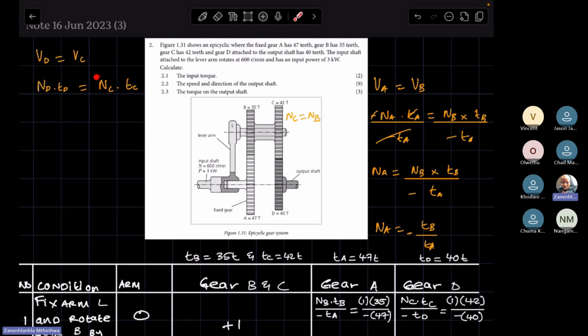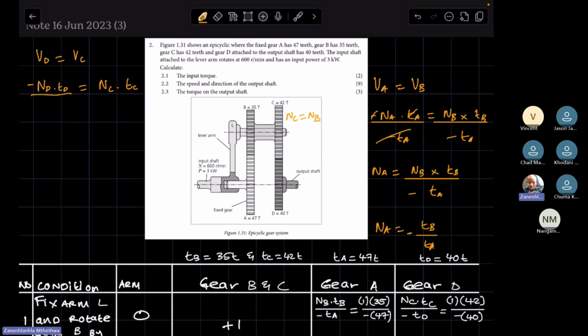So this is rotating clockwise, hence it remains positive. But C and D are meshing on the outside circumference, meaning that if this is rotating clockwise, D is rotating anti-clockwise. So that is negative. Once you've established the direction of rotation, then you solve for what you're looking for.